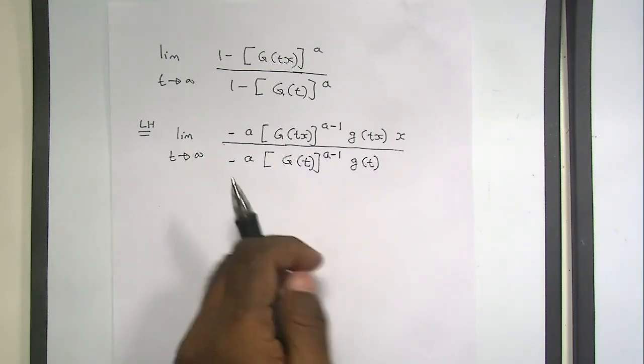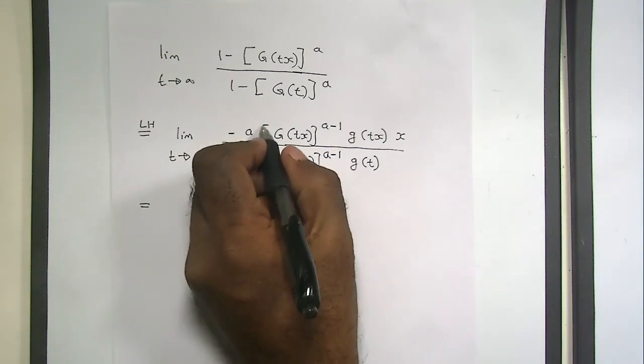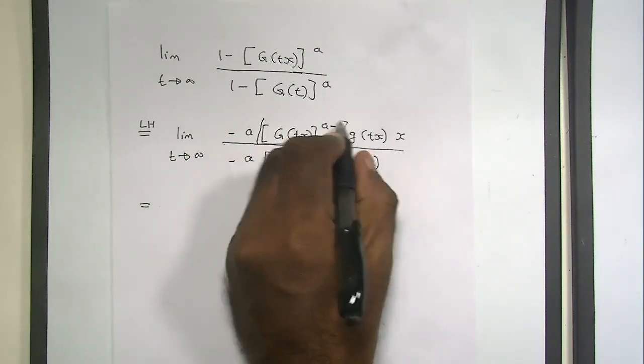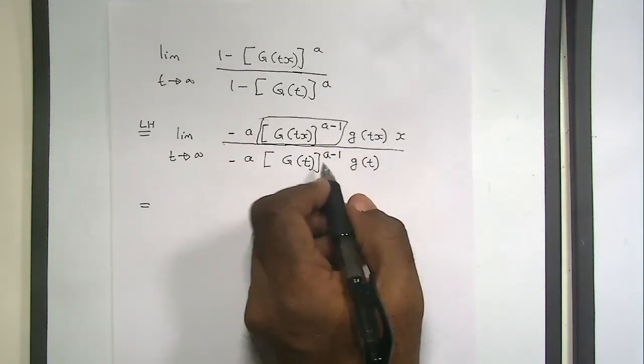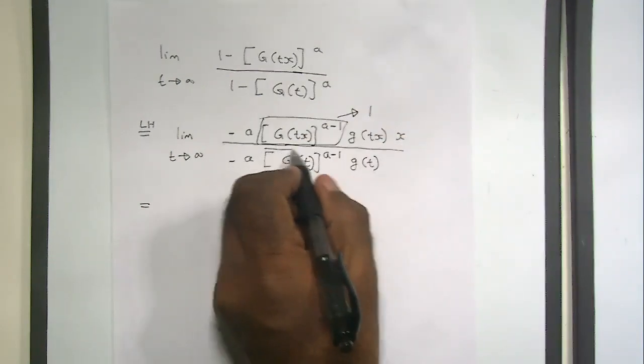the a and the a cancel, and this guy here, as t goes to infinity, this goes to 1, and so does this one.